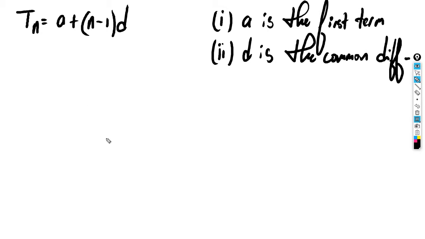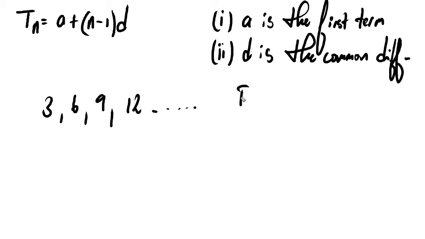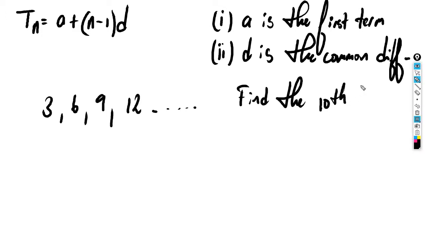All right, guys, so back to the general formula for an arithmetic sequence, and we're just going to look at another sequence. Let's look at 3, 6, 9, 12, and so on. So this is the sequence. And let's say the question says find the 10th term in the sequence, okay?